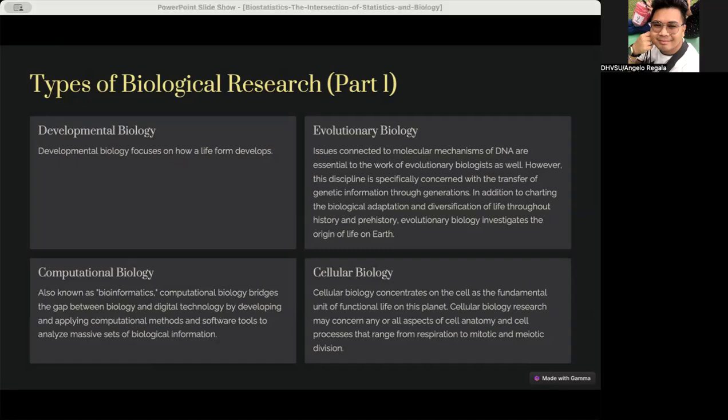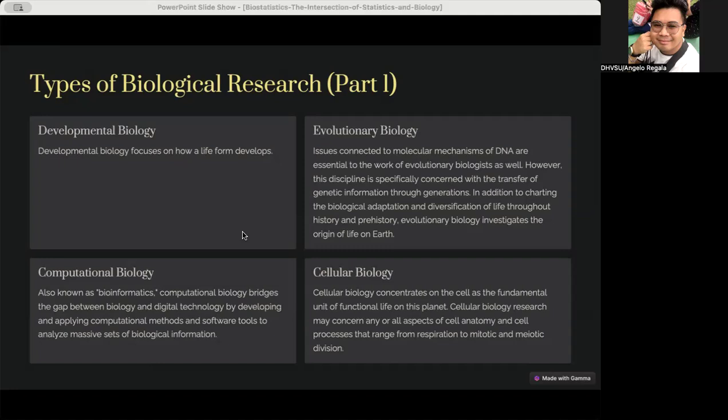The fourth one is cellular biology. Cellular biology concentrates on the cell as a fundamental unit of functional life on this planet. As we all know, the basic unit of life is the cell.